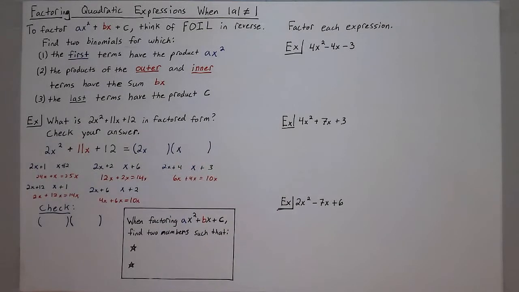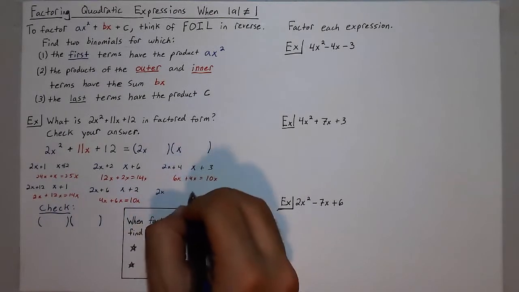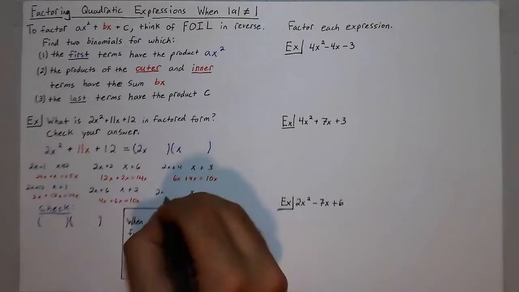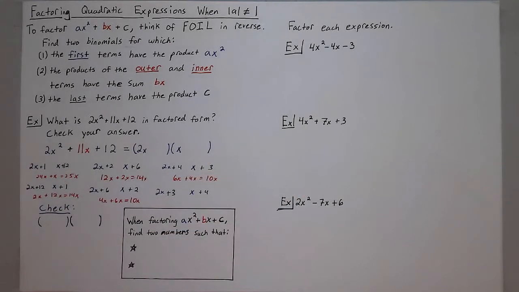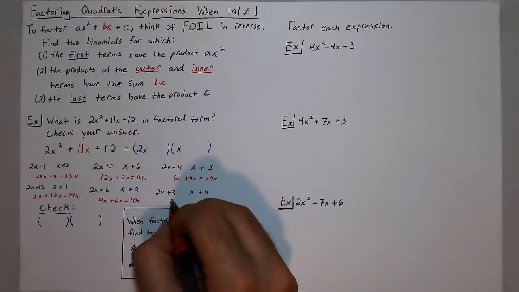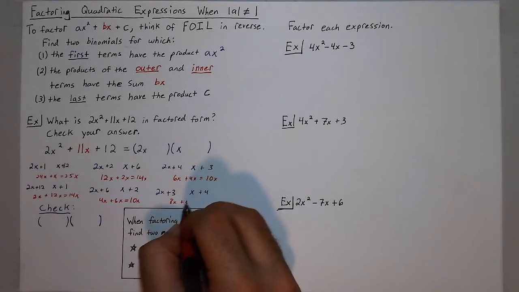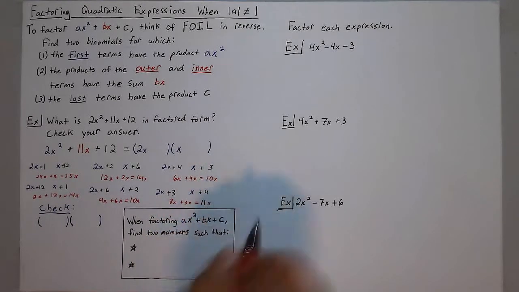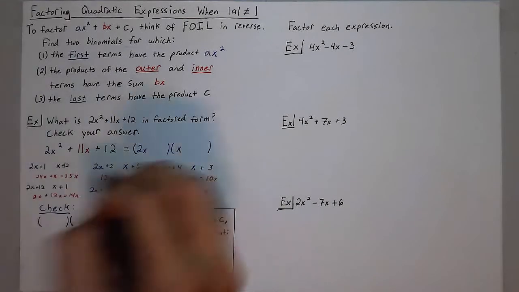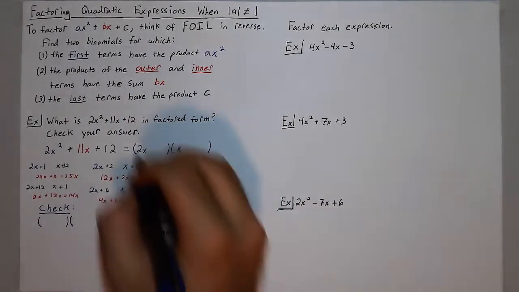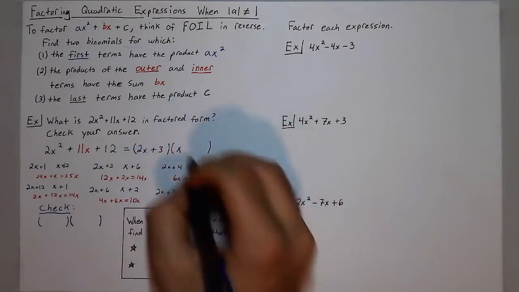But I still can try 2x plus 3 and x plus 4, which when I try this one out, my outer gives me 8x and my inner gives me 3x, which is 11x. Finally, I got what I need. So when this factors, it'll be 2x plus 3 times x plus 4.